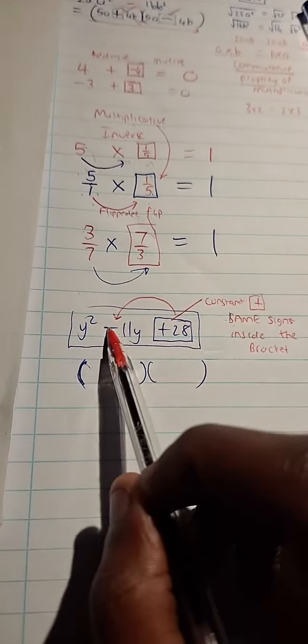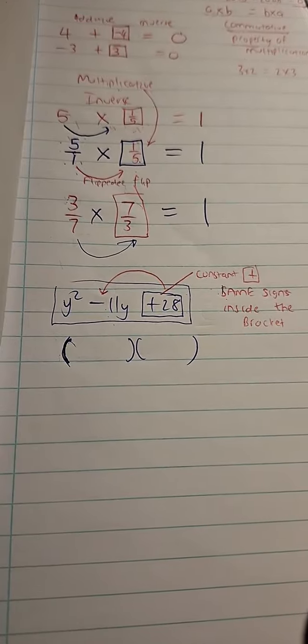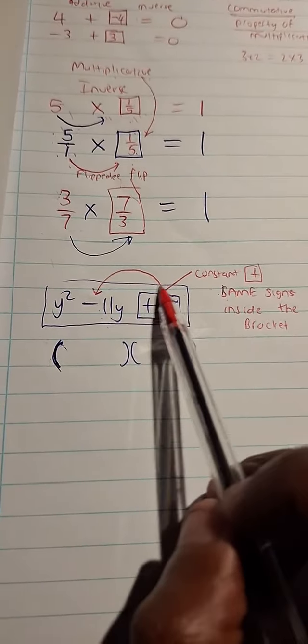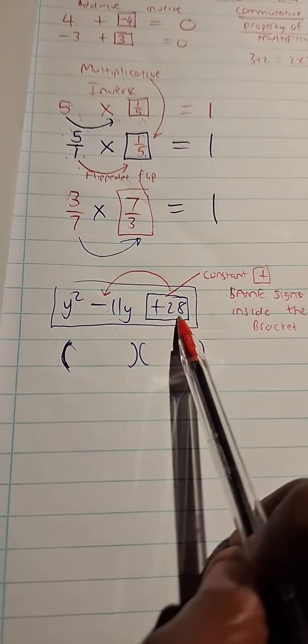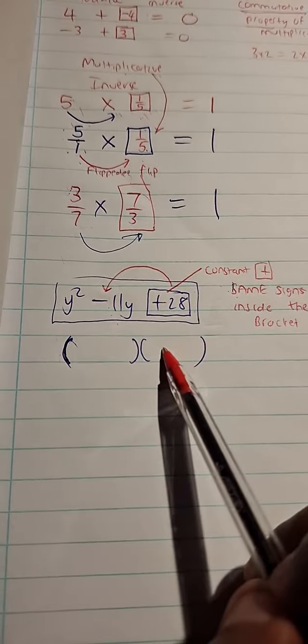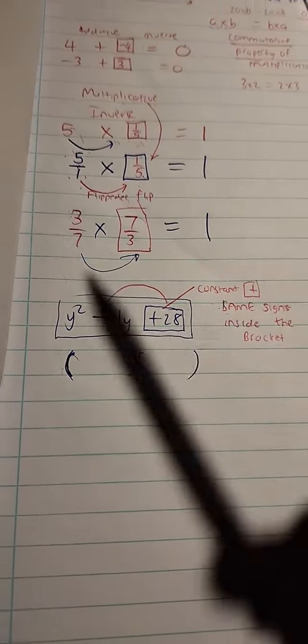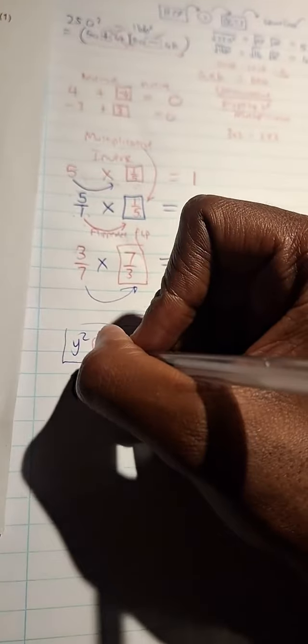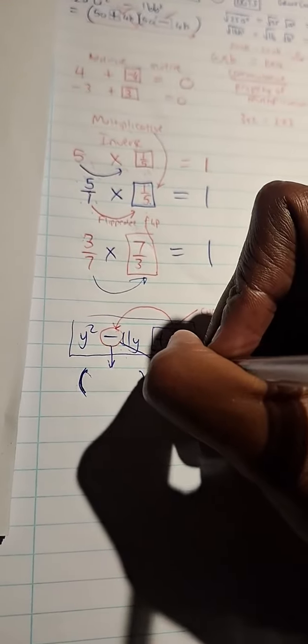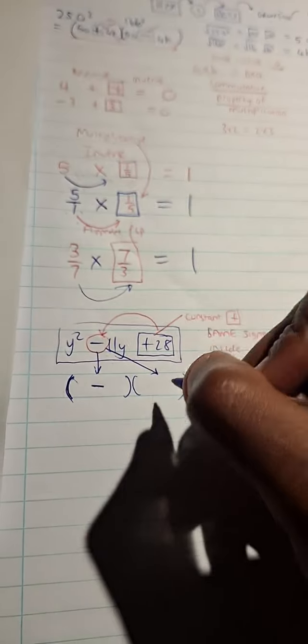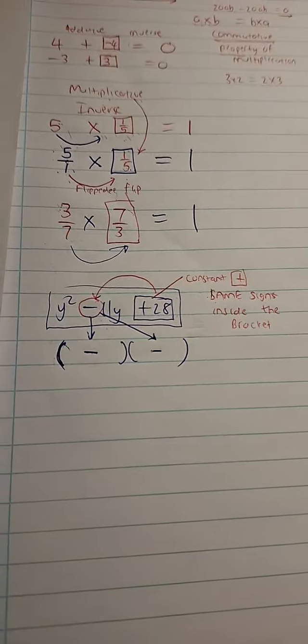According to the sign of the middle term, right? So I can tell you from the get-go that in this bracket and that bracket, we are going to have a negative and a negative.